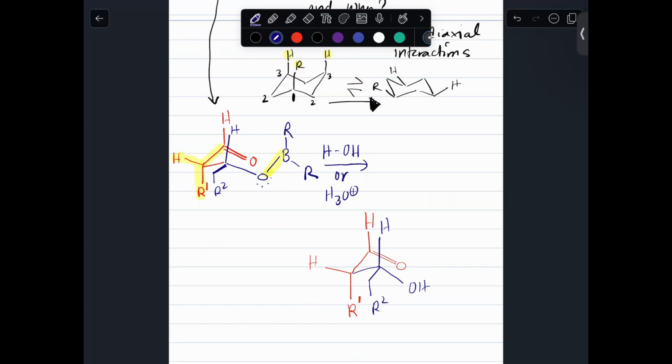But Dr. Lucero, how is this the syn product? Or how is this one of the syn products? And this is where you have to see things three-dimensionally. I usually tell students the best way to see it is that this is a three-dimensional structure.